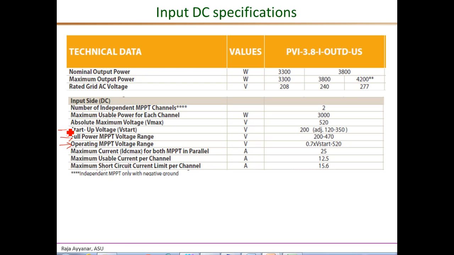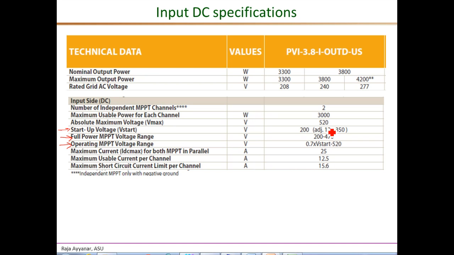The startup voltage, Vstart, is related to the voltage at which the inverter begins to operate in the morning. It is set nominally at 200 volts, but can also be adjusted between 120 volts and 350 volts. For example, if the number of panels is low, meaning the open circuit voltage is low, then you may set it as low as 120 volts.